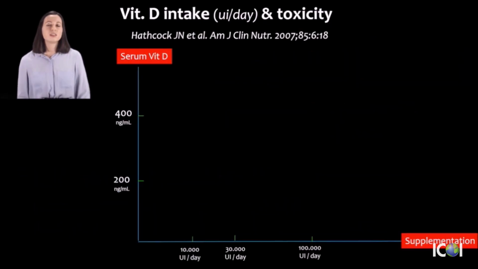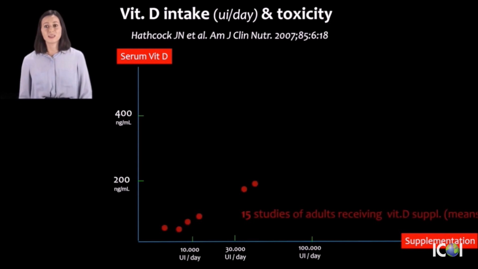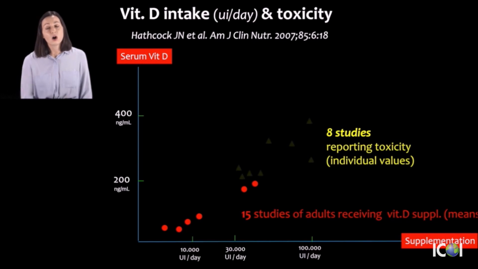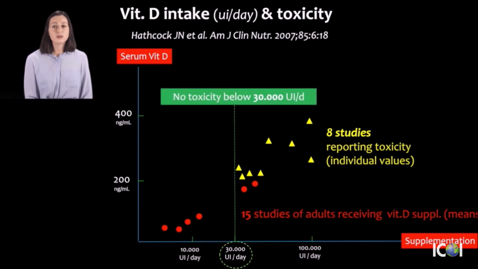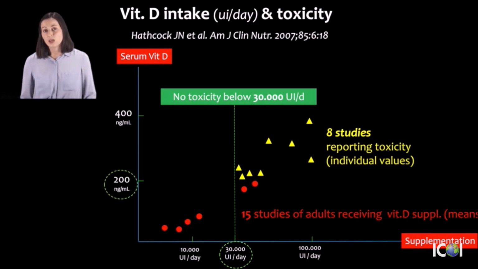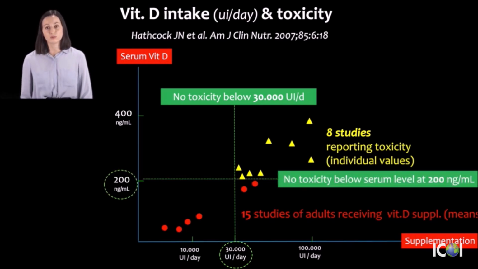There is an interesting study on vitamin D toxicity. In this article, they analyzed studies reporting toxicity at several values. And what we see is that below 30,000 units a day and below a serum level of 200 nanograms per milliliter, there is no toxicity.